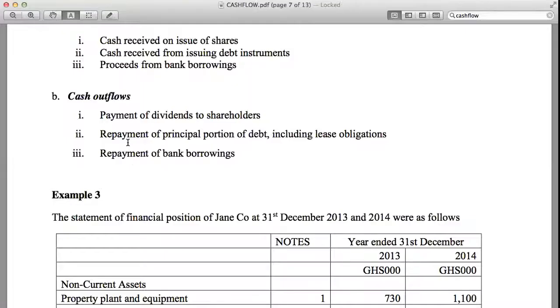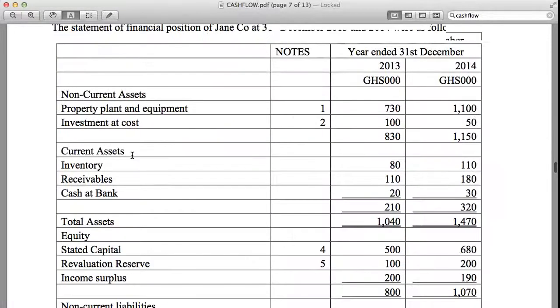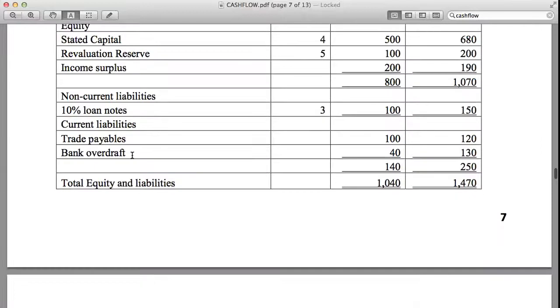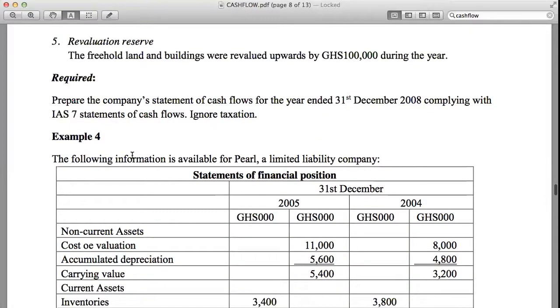Okay, so let's move on. Now let's go and solve our very first question, example 4.